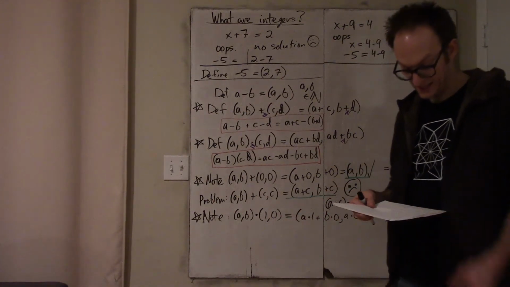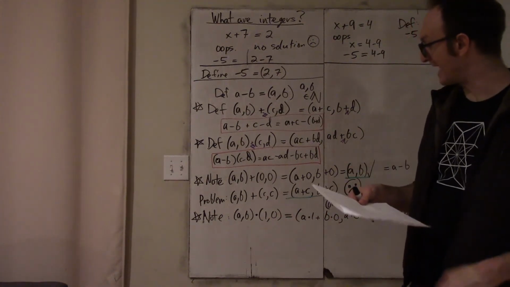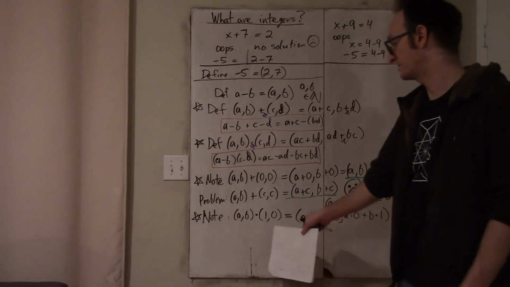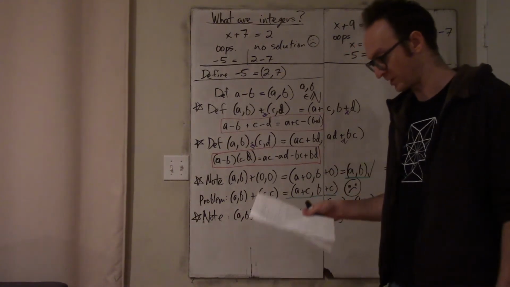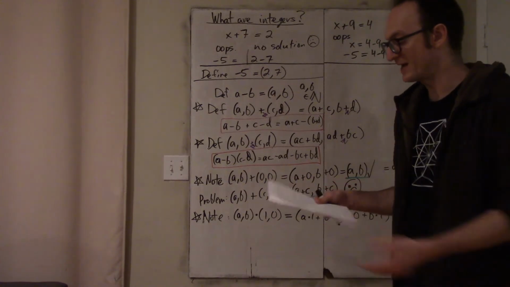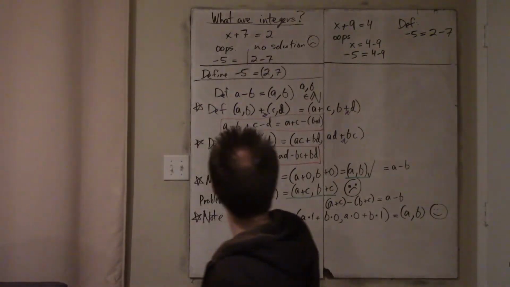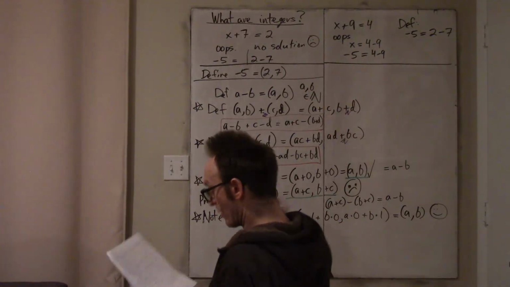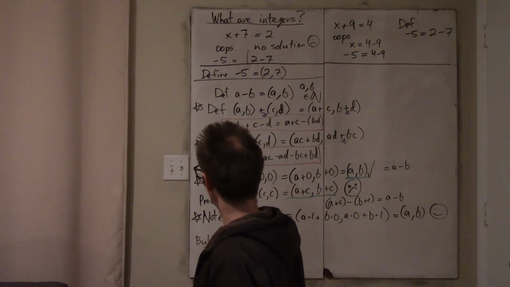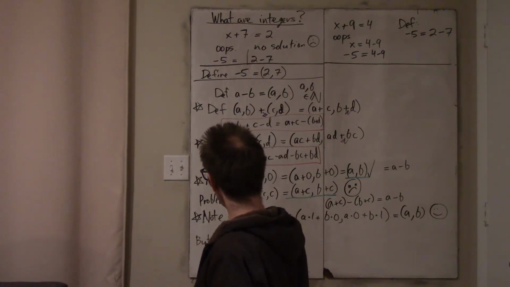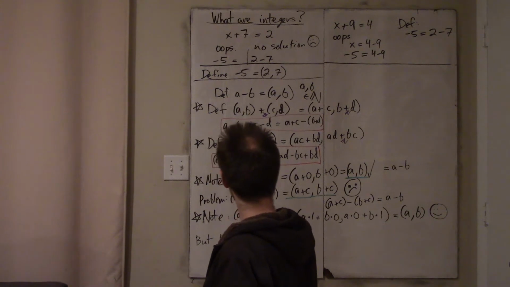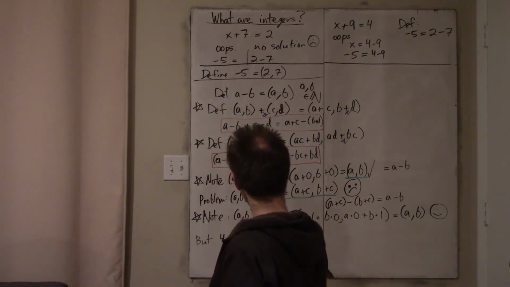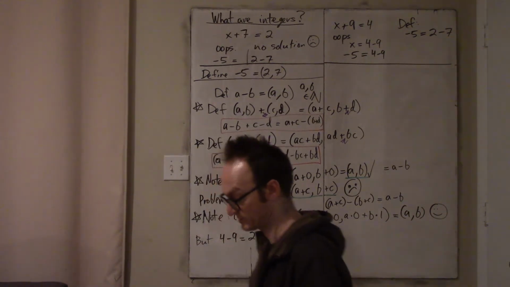But that's not the only one, right? 2 comma 1 should also be 1. Okay, so I think we see the problem, which I already alluded to up on top. The problem is that 4 minus 9 is also 2 minus 7, and these are all negative 5 in a certain sense.